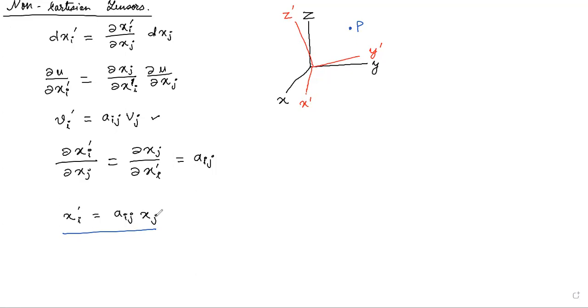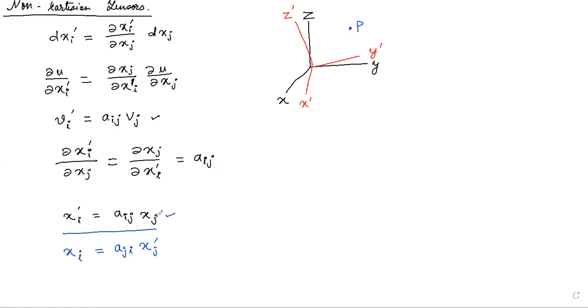Okay, so here I can write xi, the unprimed coordinate, in terms of the prime coordinate. Then we get aji xj prime. Okay, so this was the prime coordinates in terms of the unprimed coordinates.